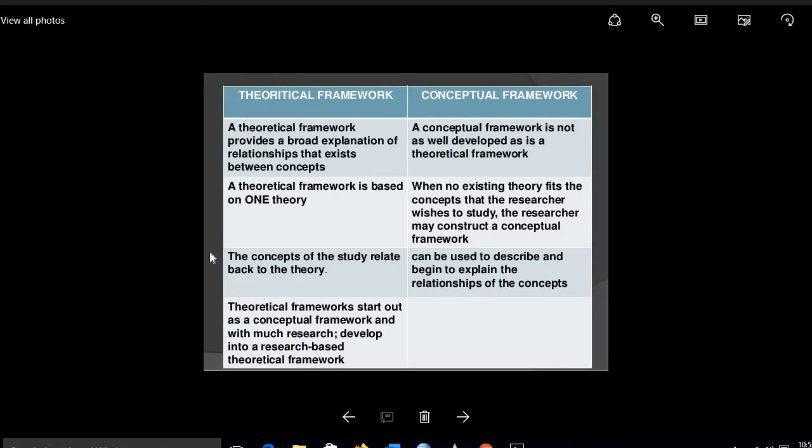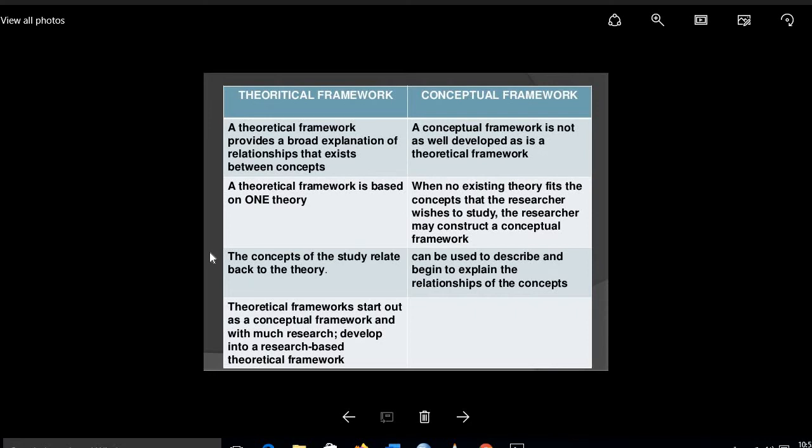See, here it says, when no existing theory fits the concepts that the researcher wishes to study, the researcher may construct a conceptual framework. That means conceptual framework is made by the researcher. He associates the variables that he uses in his research and forms a conceptual framework. And that framework must be studied again and again and proved to be a theory. And then it will become a theoretical framework.